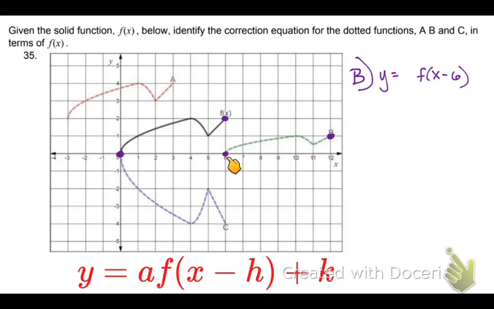Now count over that same number of units on this green one, over 1, 2, 3, 4, 5, 6, but this time notice if there's a difference in how many you count up or down. So from here, I'm only counting up 1 unit this time instead of up 2 units like I did before. So since I'm only counting up 1 unit, that's half of what I was counting up before, which means my a value is half. It's compressed by 1/2.